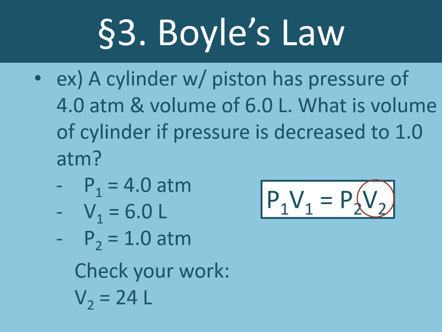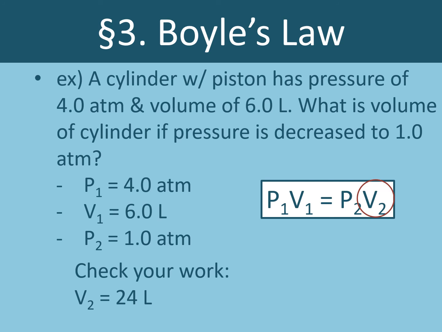One last thing I wanted to mention about these types of problems is it's important to check your work. In this problem, our answer was that V2 equals 24 liters. Remember, Boyle's law says that if the pressure increases, the volume should decrease, or if the pressure decreases, the volume should increase.